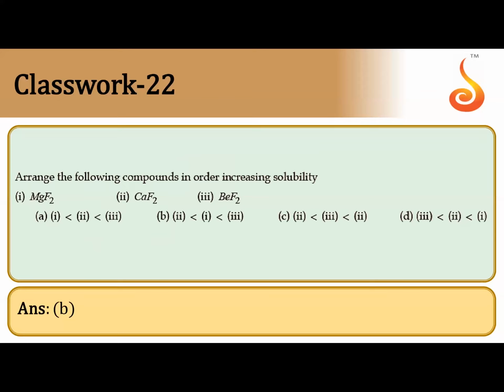Which of the following compounds has the correct order of increasing solubility? Calcium fluoride is least soluble compared to magnesium fluoride. Magnesium fluoride is highly soluble, and beryllium fluoride is very, very highly soluble.